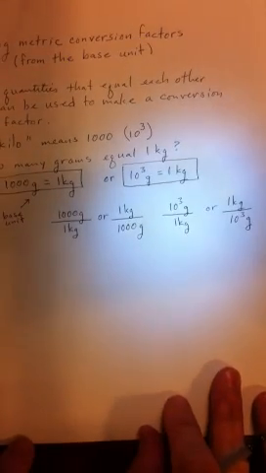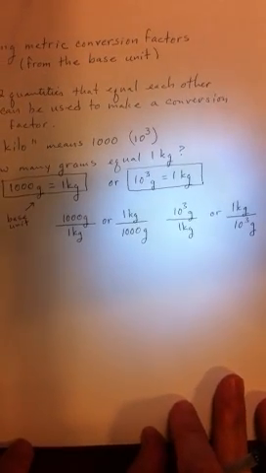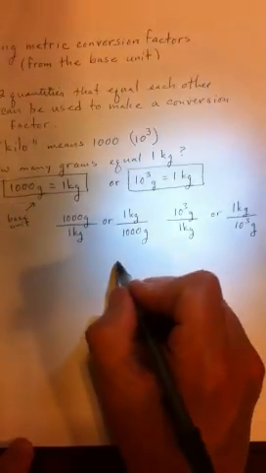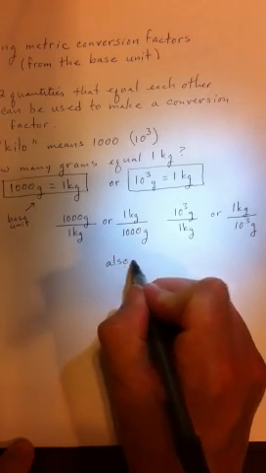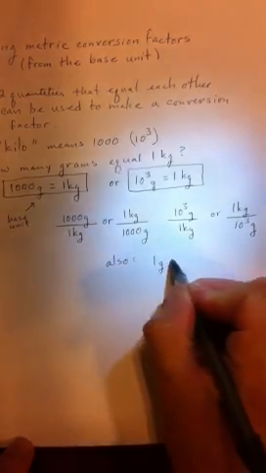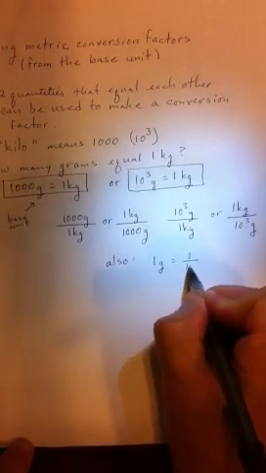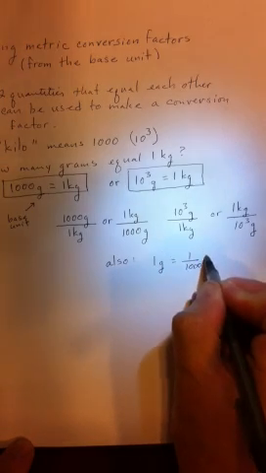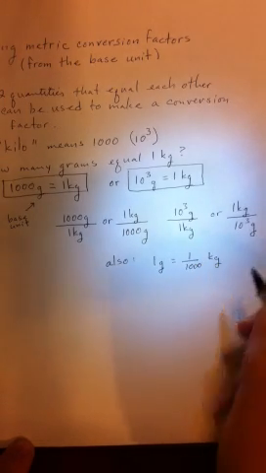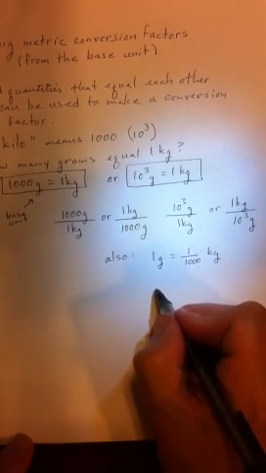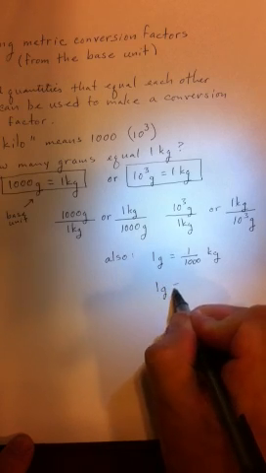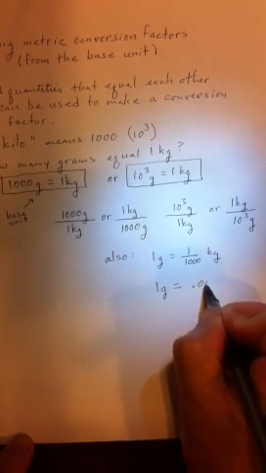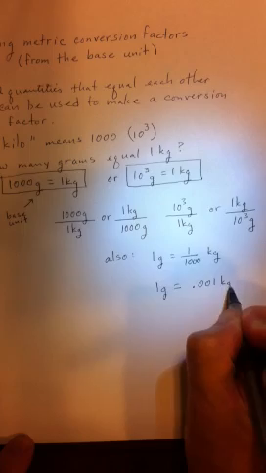There's yet another way that you might have expressed this equality. Since 1 gram is equal to 1/1000th of a kilogram, then you might have even written this conversion factor as 1 gram equals 0.001 kg.